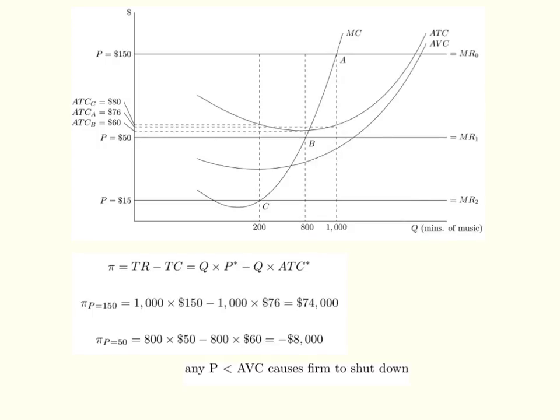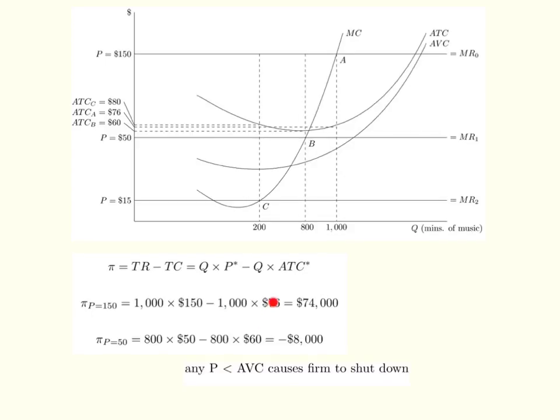Okay, so let's actually calculate some profits. Let's suppose that the market price is currently $150. The firm responds again by producing 1,000 units, and so profit is going to be $150 times 1,000 units minus 1,000 units times the average total cost at 1,000 units, which, if I look at the graph, is 76.